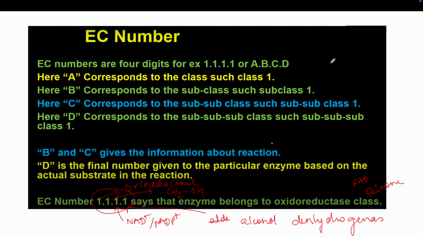That is, the alcohol group, this CH2OH group, is converted to an aldehyde, C double bond H. So alcohol dehydrogenase is nothing but oxidation or reduction, which reaction is it carrying out?